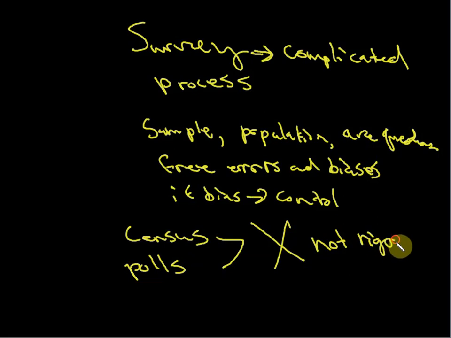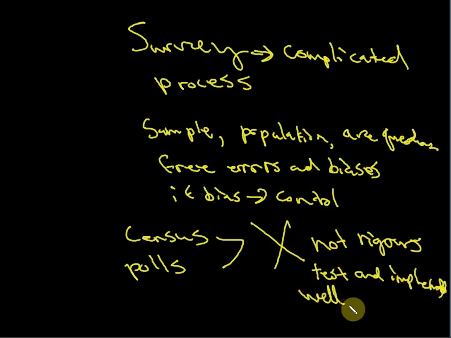but these are not rigorously tested and implemented well. Because again, the census doesn't really take into account what it's actually measuring, and the questions are very open to interpretation a lot of the time.